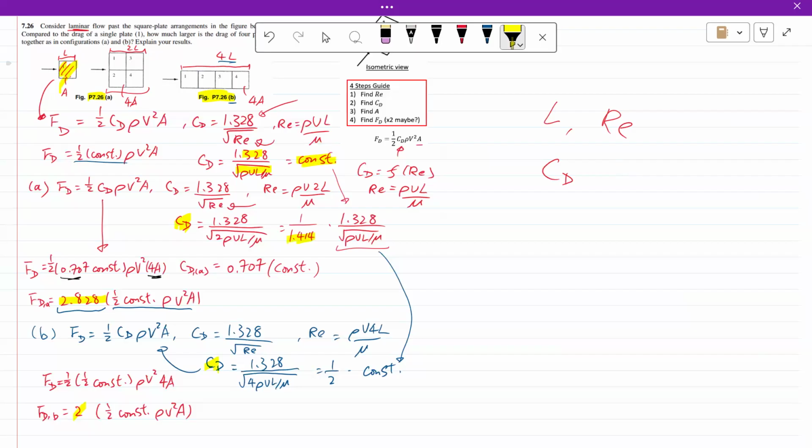The reason is, and this is quite realistic, when your flow first hits the beginning of the plate, there is more drag there because of the way the boundary layer is, right? So the boundary layer is a function of x, or basically in this case, your length.